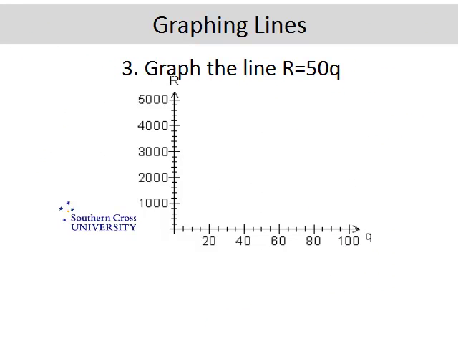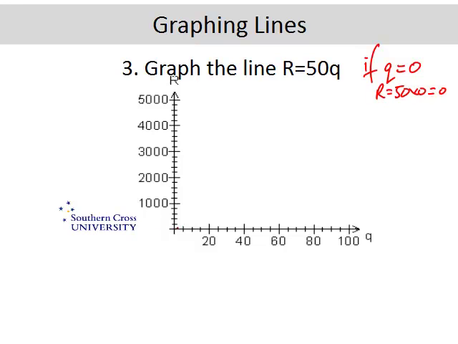Okay, this example, I'm going to do by plotting points, and we can do this off the top of our head, I think. Q stands for quantity, by the way. This is a business example. So if the quantity is 0, then R, which stands for revenue, is also 0, because 50 times 0 is equal to 0.